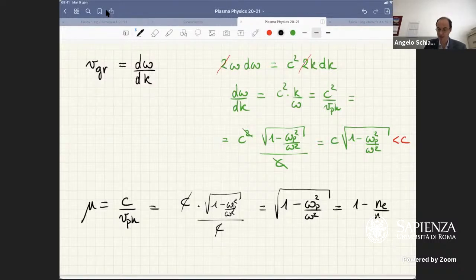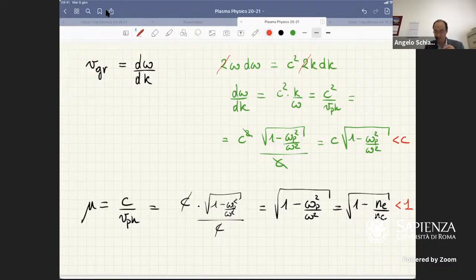As you can see, this is always less than 1, and it is equal to 1 only where the plasma frequency equals the frequency of the wave.